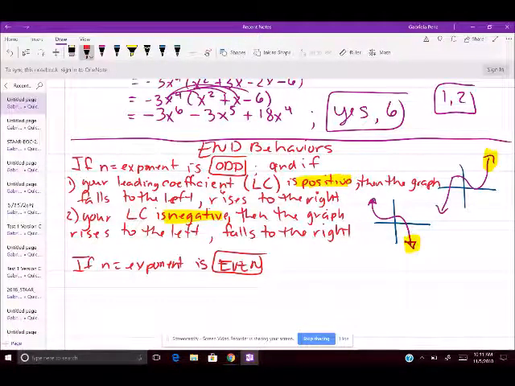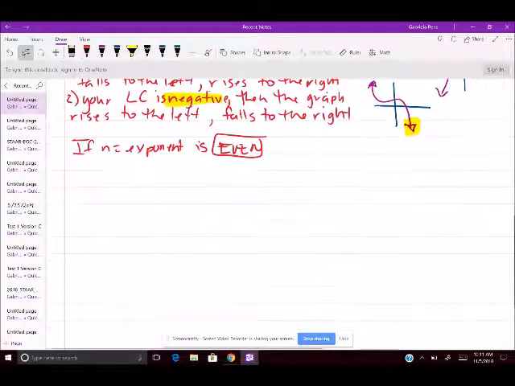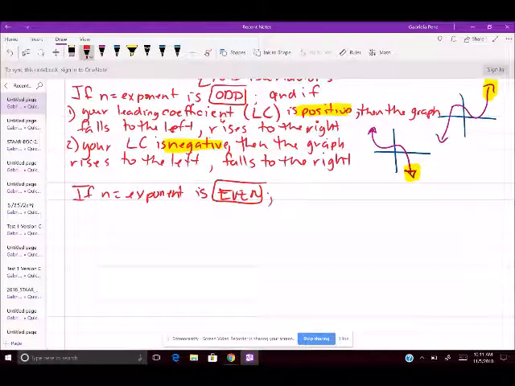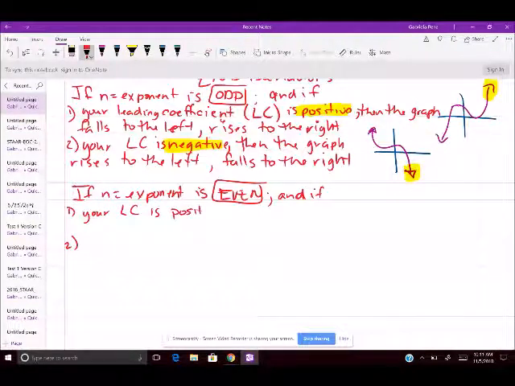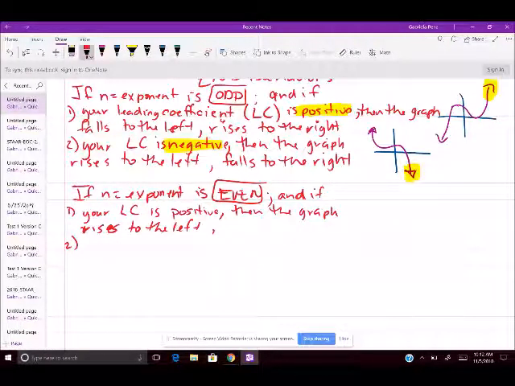So now we're going to cover the other option. If your n is even, and we're going to have two scenarios like over here, 1 and 2, your leading coefficient is positive, then the graph rises to the left, rises to the right.